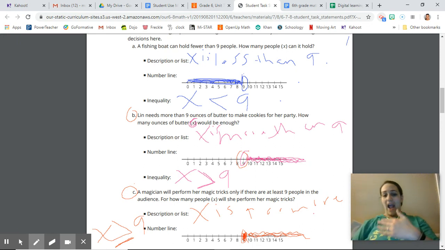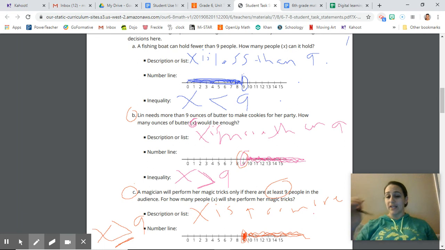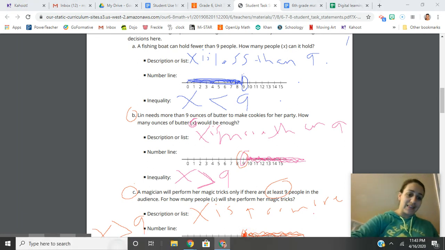So you've got a half and half symbol when you have a greater than or equal to, in a situation like this where it's at least 9. So if we've got one where the digit they're talking about is included, we close the dot there and we put a line underneath that inequality symbol.